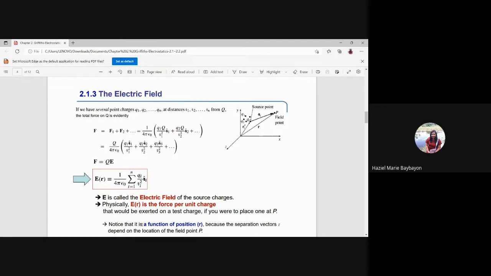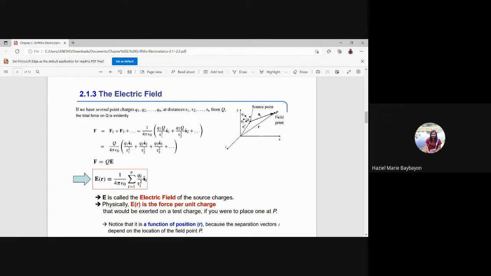Now notice that it is a function of the position R because the separation vectors R depend on the location of the field point P. Okay, so you have this one. Suppose you want to know the electric field at this point. So we can call this the field point. And then we have here several source points.